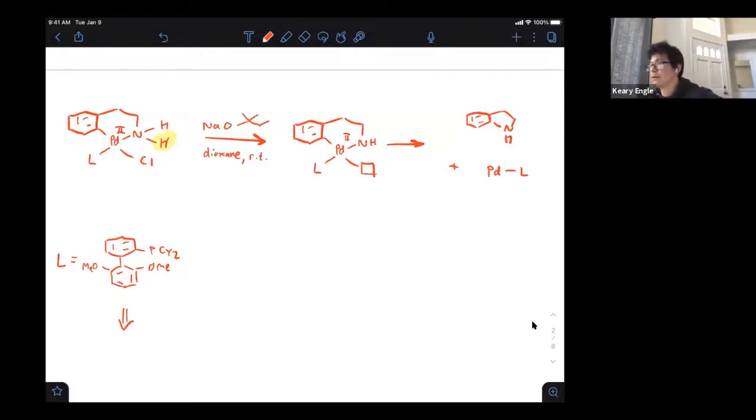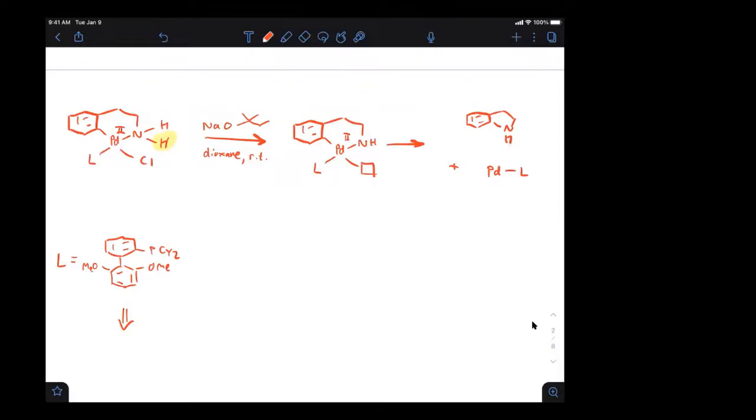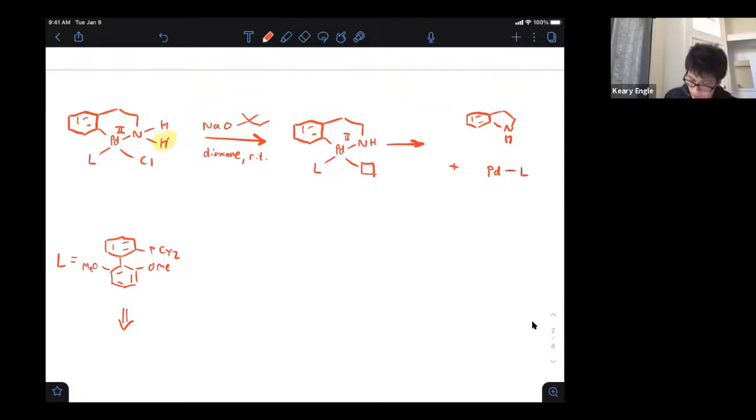Now, how's that going to look, Huiqi, this palladium ligand? I think the palladium should coordinate to the phosphine and the oxygen. And the oxygen, okay, that is certainly a reasonable possibility. Let's draw this out.